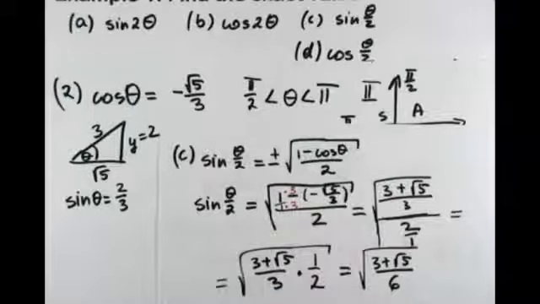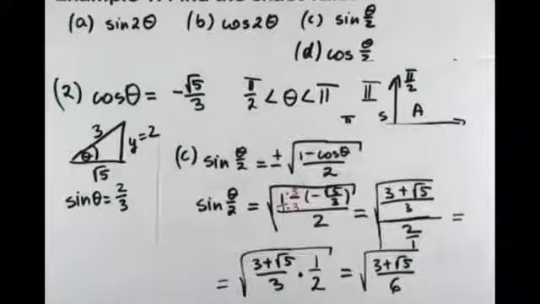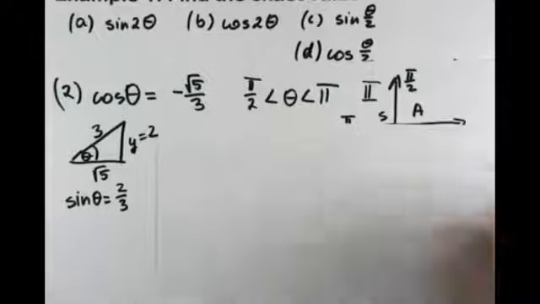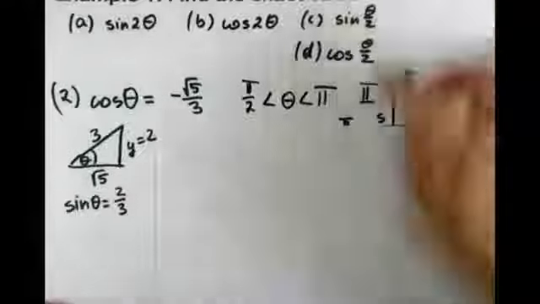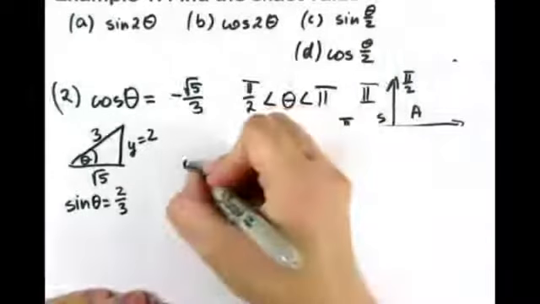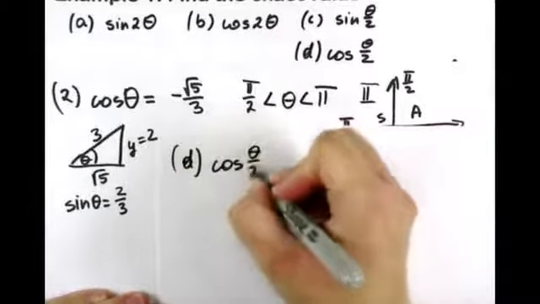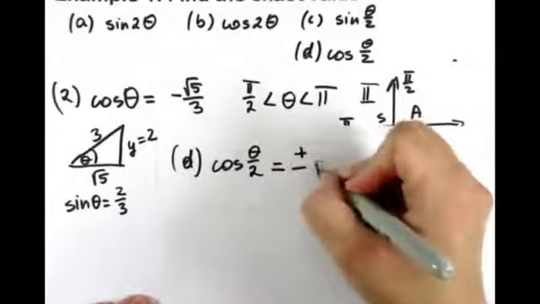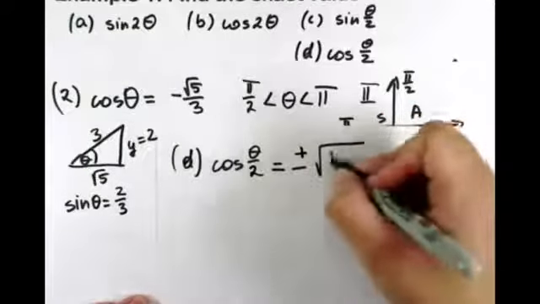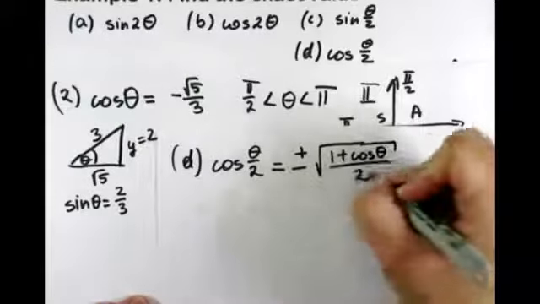Okay, now we would like to find cos of theta over 2. So we have not 2 theta, cos theta over 2. From the formula we get that this is plus or minus square root of 1 plus cos theta over 2.